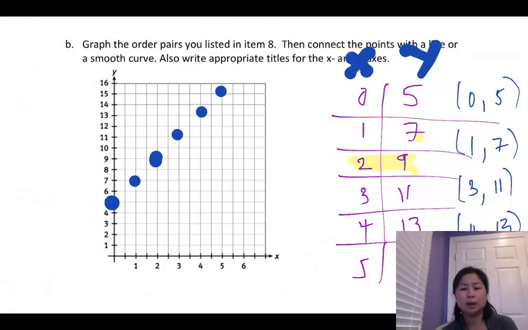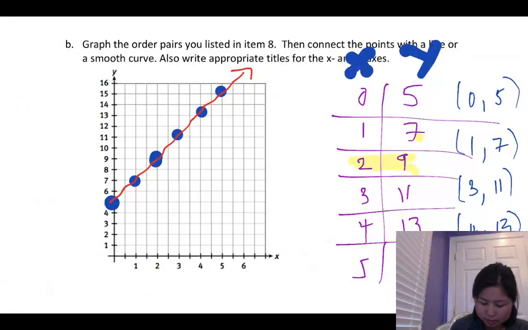So after I plot the points to make the graph, what I would do with the graph is that I can just connect all the dots. And this is my graph. So to graph this one, if you create a table, you've got the table, we can use it to plot the points.